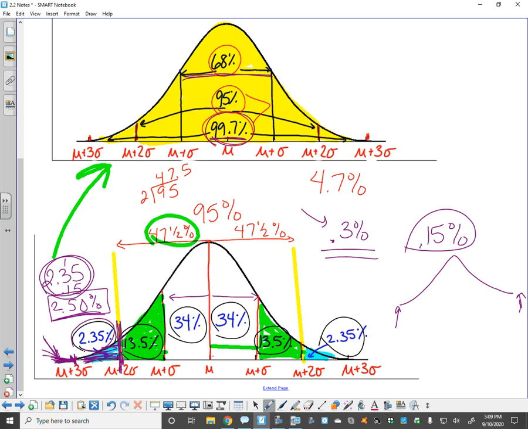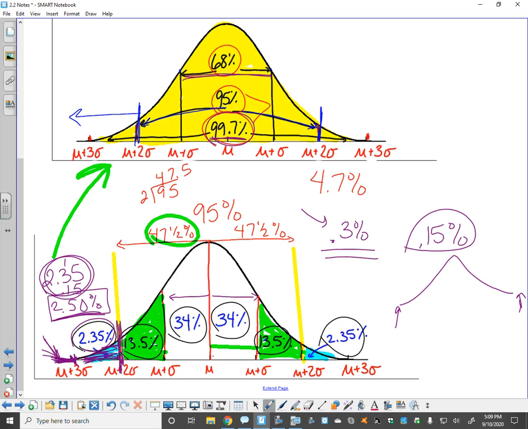Another way you could do that, because I want to give you multiple ways to attack this problem. Check out the 95%. So the 95% gets me 2 standard deviations out. Well, I want everything south of that, or west of that.